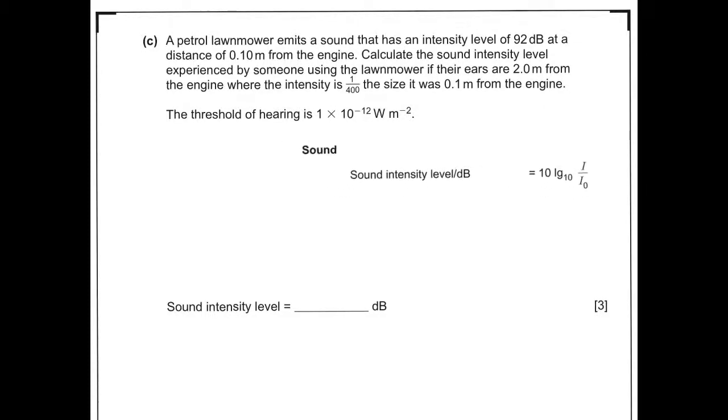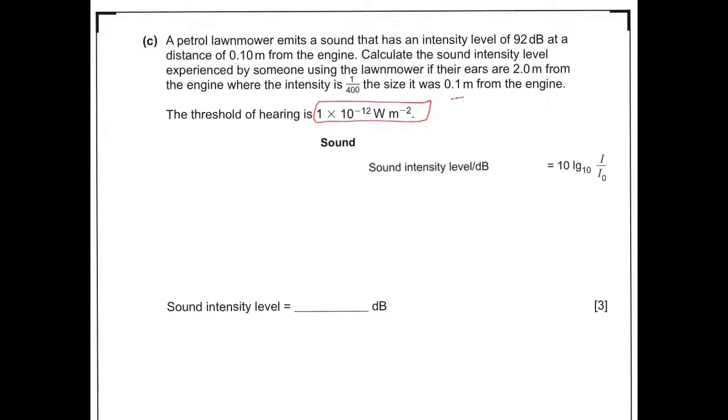So your formula sheet has this equation that the sound intensity level is 10 log base 10 of I over I naught, where I is the intensity and I naught is this threshold of hearing. So this value they're telling us here is the I naught value.